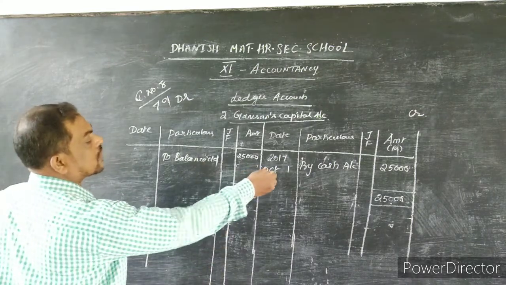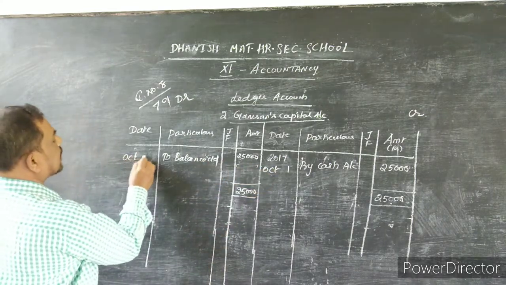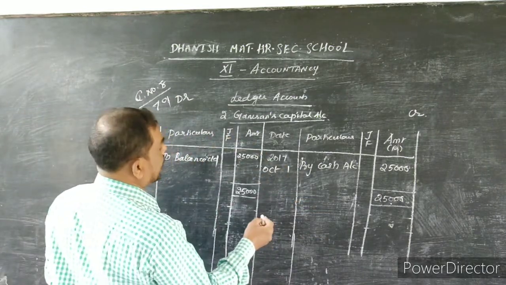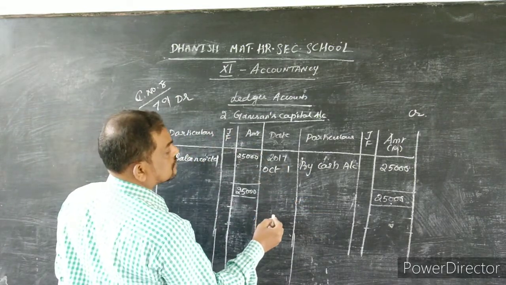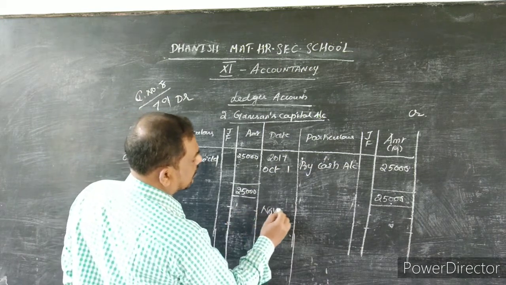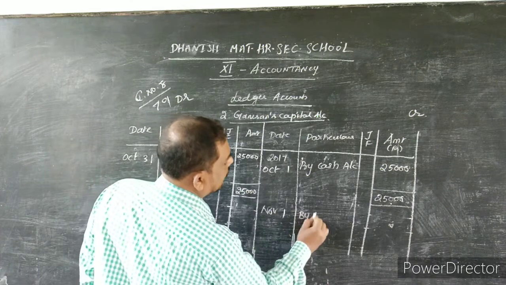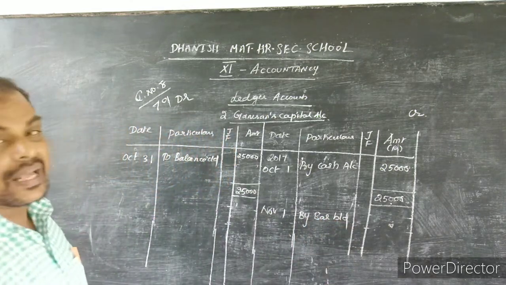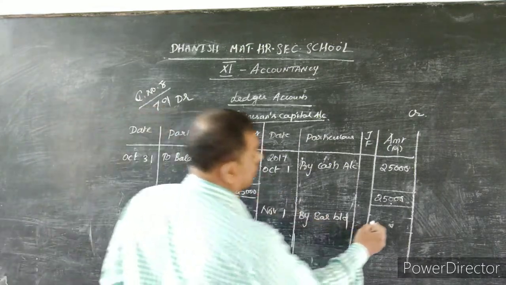What is the closing date? October 31st. This October 31st closing balance will come as the opening balance: November 1, by balance brought down, 25,000.